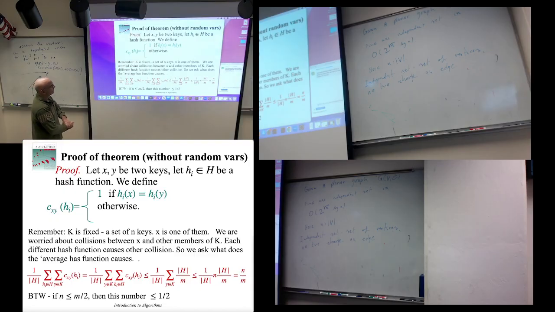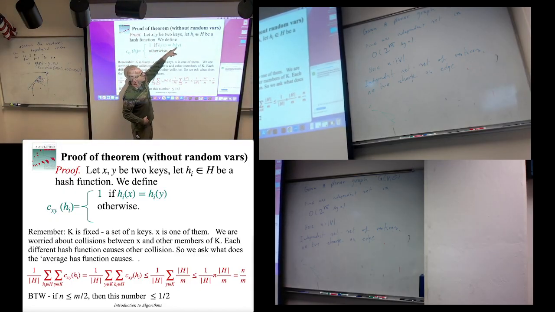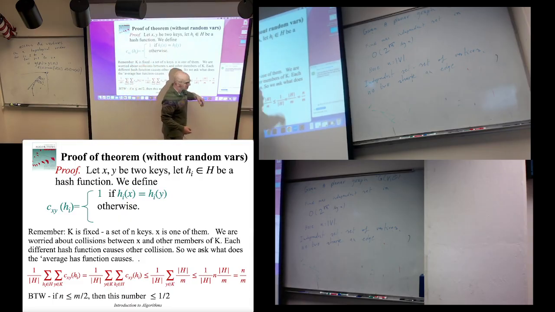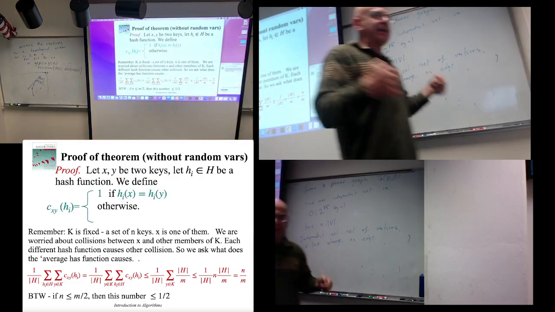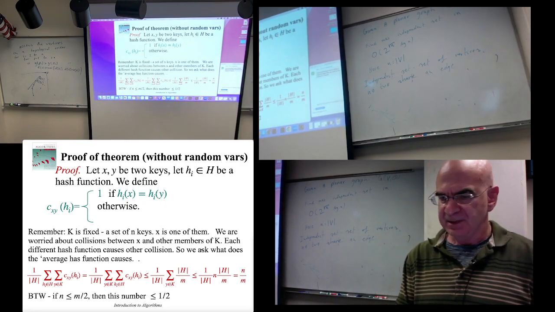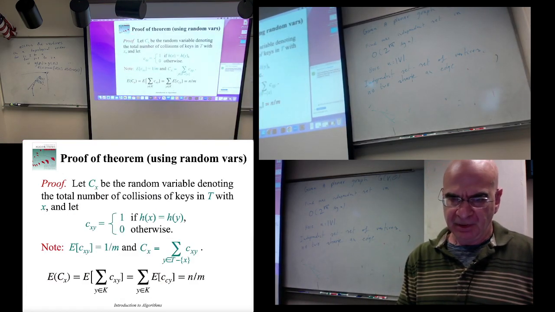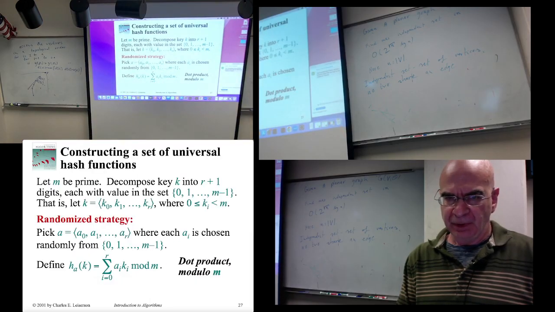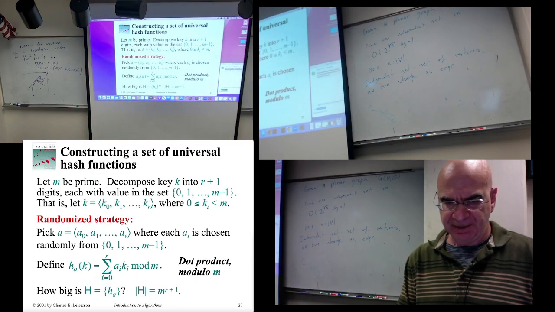What the universal family says is that no matter which pair of keys I pick, as long as they are different, there are not many functions that create a collision between this pair. That's all it says. And we went through it multiple times.